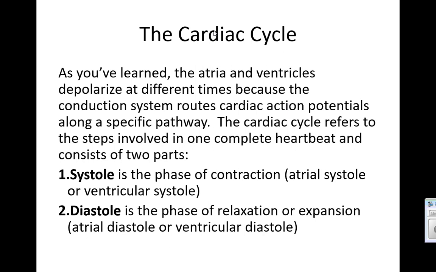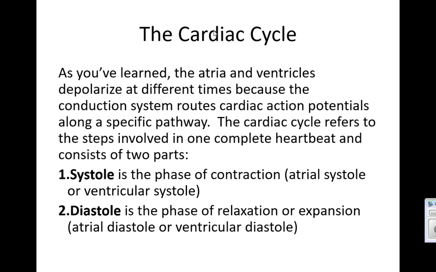All right, so we've already talked today about the cardiac cycle a little bit. As we've learned, atria and ventricles depolarize at different times because of the cardiac conduction system and how the action potentials are routed in that specific pathway. Cardiac cycle refers to the steps involved in one complete heartbeat and consists of two major parts, systole and diastole.